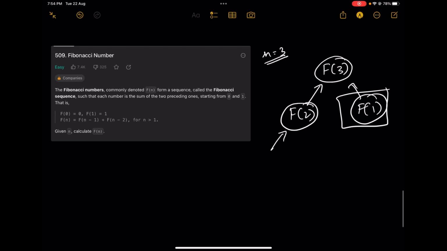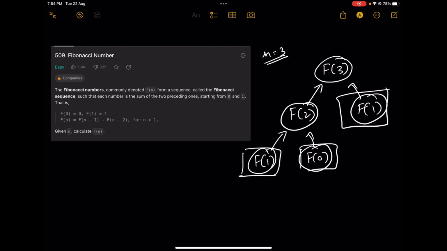Which means if we have f of 1 and f of 0, we can add these two numbers to get f of 2. And now f of 1 again is a base case, and so is f of 0, right? So f of 1 is basically 1 and f of 0 is 0.